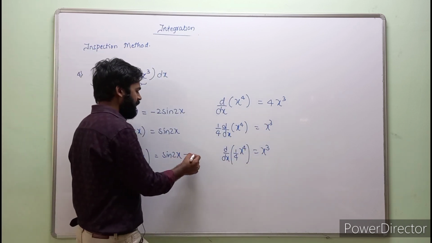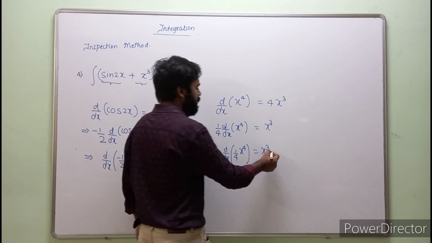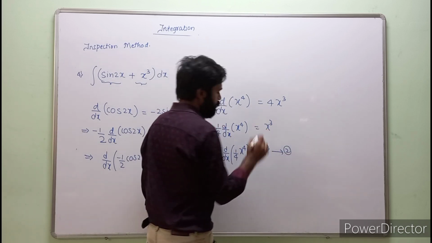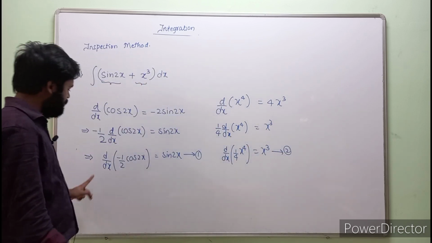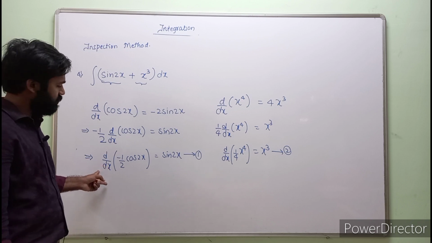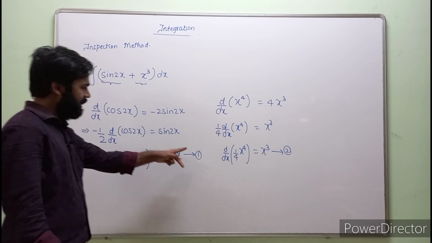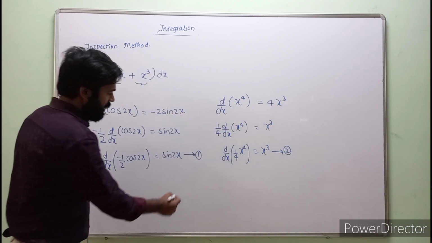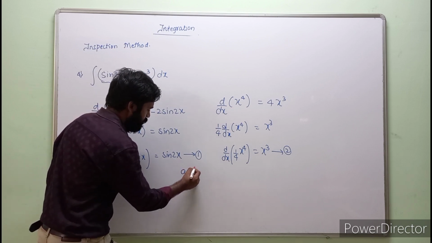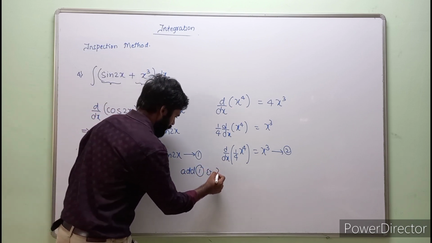Right, so let's do one thing. Let's call this equation 1 and call this equation 2. As both are derivatives with respect to x, let's add equation 1 and 2. Add 1 and 2.